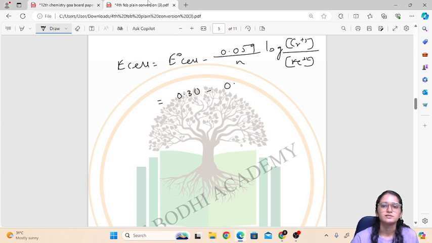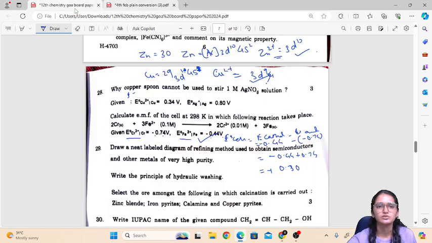Now 0.30 minus 0.059 by n. What is this n? N is the number of electrons being exchanged over here.